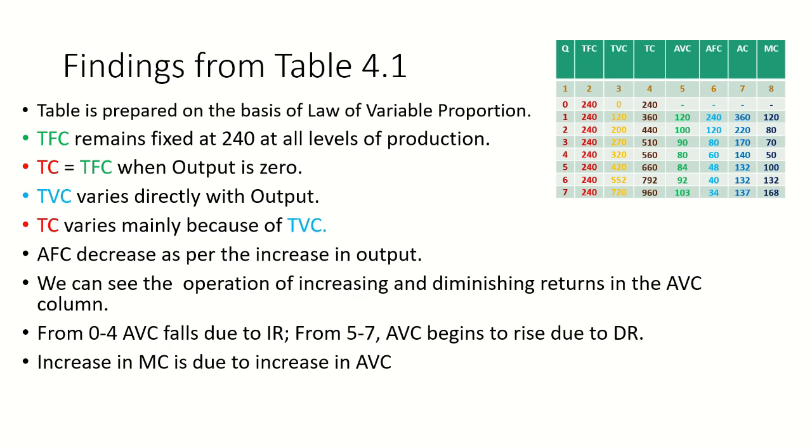In the average fixed cost column, it decreases as the output increases, and we can see the increasing and diminishing returns in the average variable cost. From 0 to 4 we can see the increasing returns, and from 5 to 7 the diminishing returns.